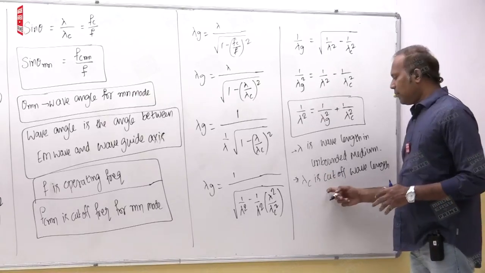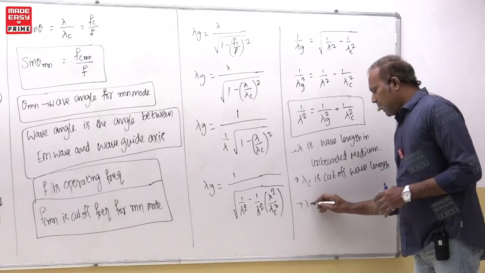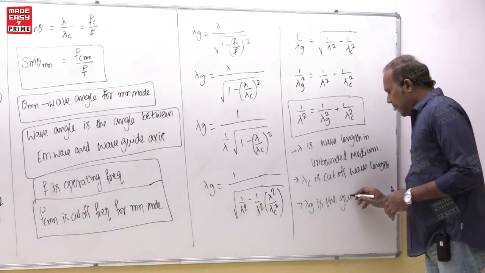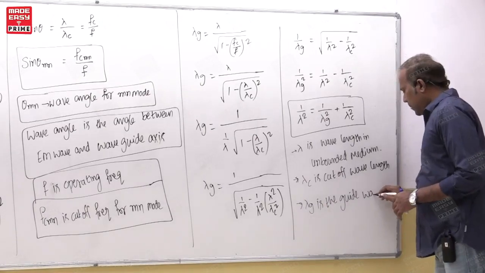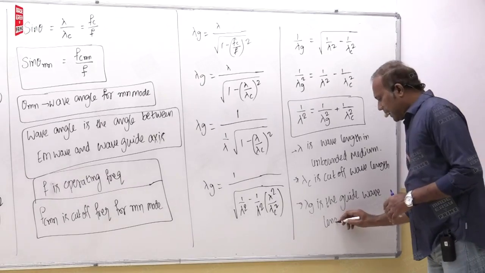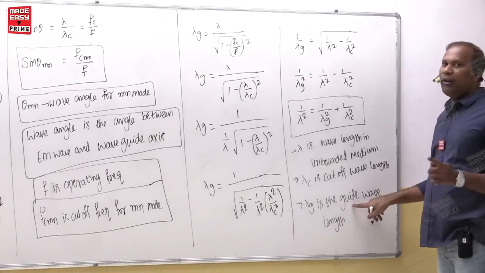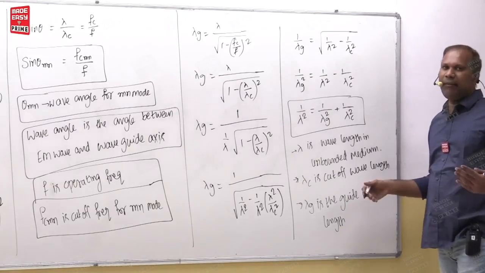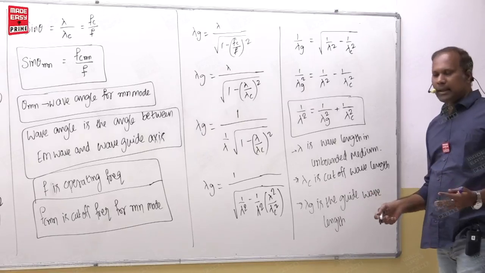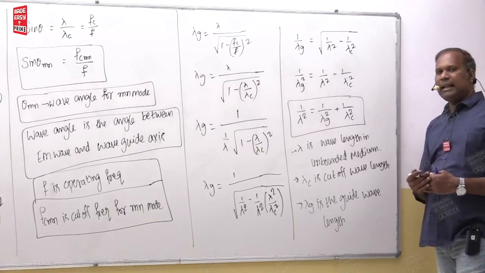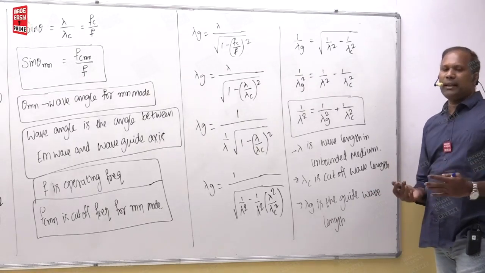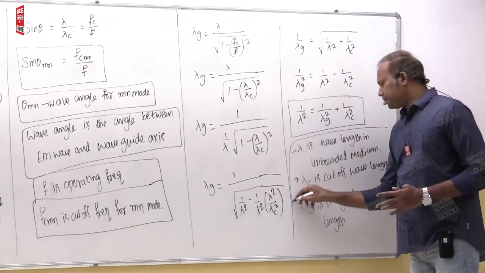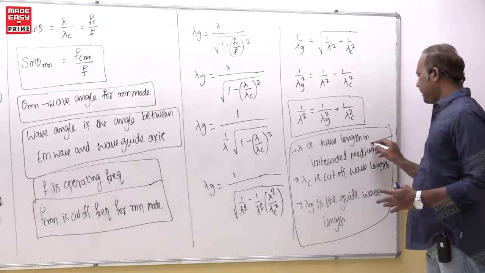That is decided by the waveguide dimensions. Lambda g is the guide wavelength. What is the meaning of guide wavelength? When EM wave is traveling inside the waveguide, how much wavelength it has? That is called guide wavelength. So these three things. Okay.